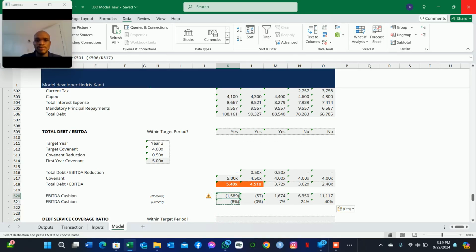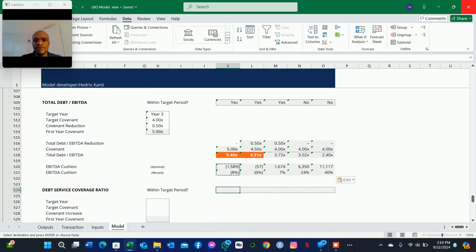So what we are saying here is that in this first year, what this number means for this EBITDA quotient is that if this company was to generate at least $1.6 million of EBITDA, it will need at least 5 times this coverage ratio. So that's exactly what we are saying there.